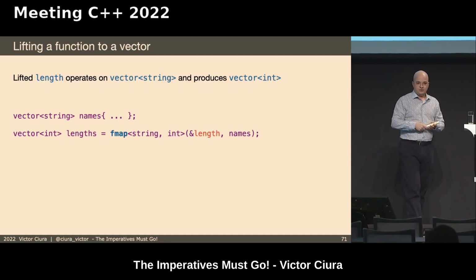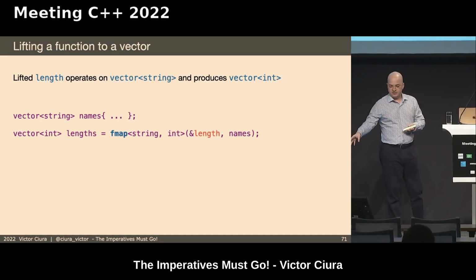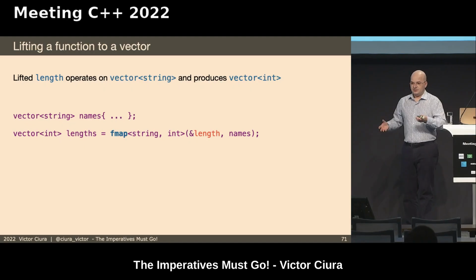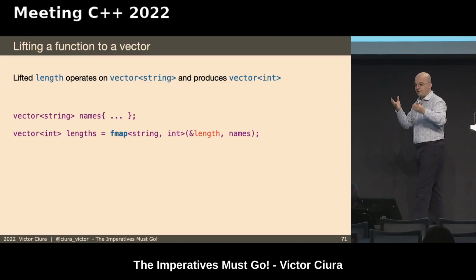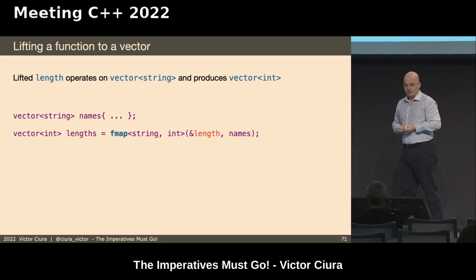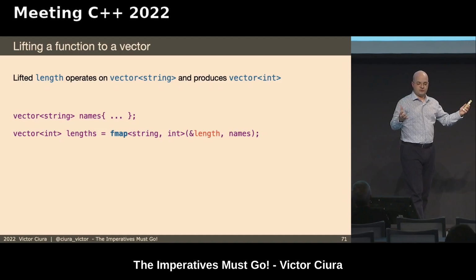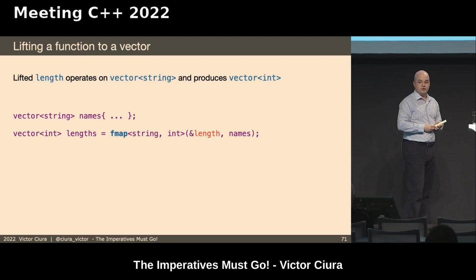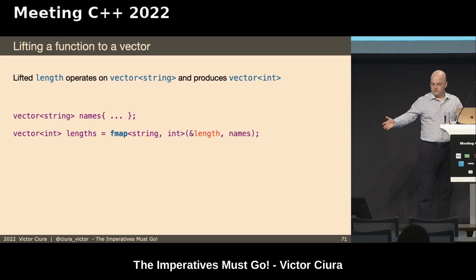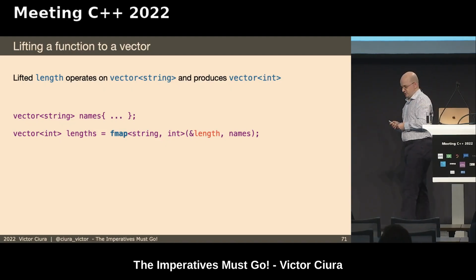So the input for this transformation is the vector of strings, the names, and the lifted length function, which now operates on this vector, but yields a completely new type of box, a box of integers, which represents the individual lengths of the items there.